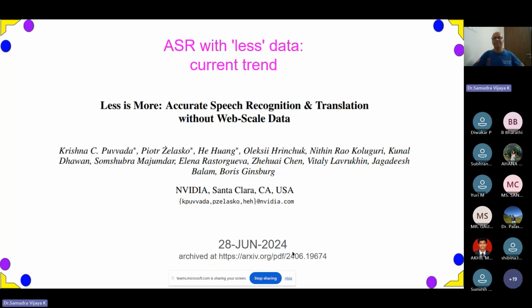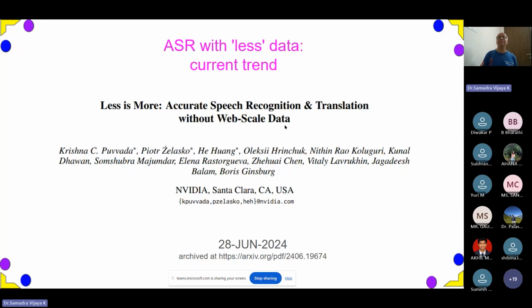This is a paper published 6 months ago: Less is More, accurate speech recognition and translation without web-scale data. So people are interested in building systems even when a small amount of data is available for a new language. That is the trend, and this is a challenge.